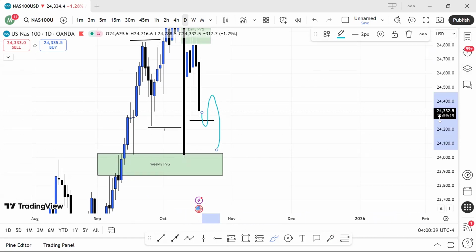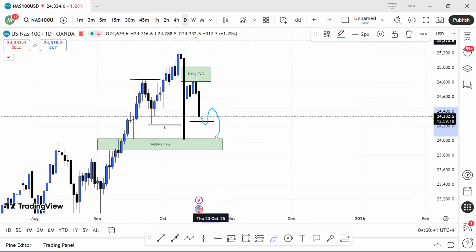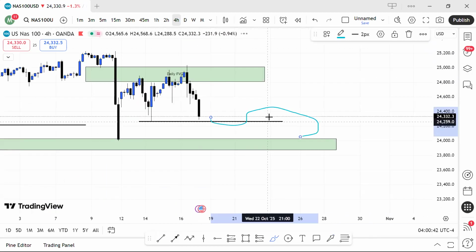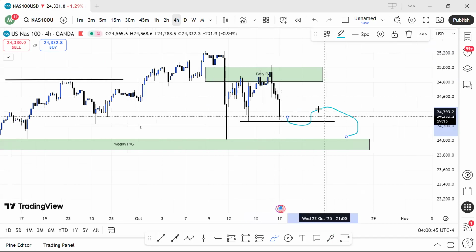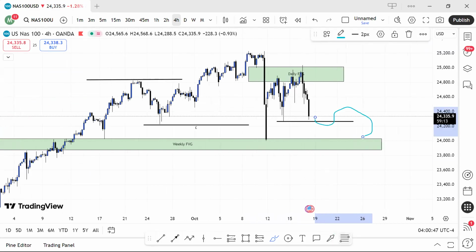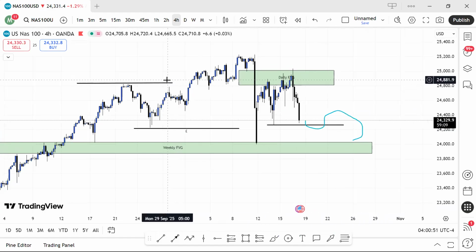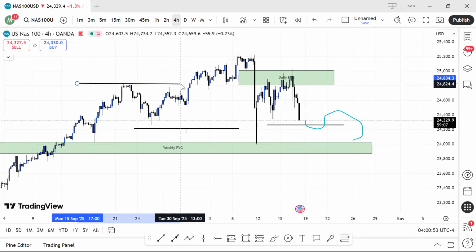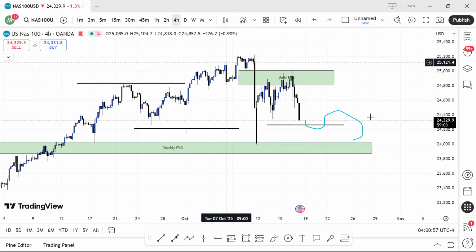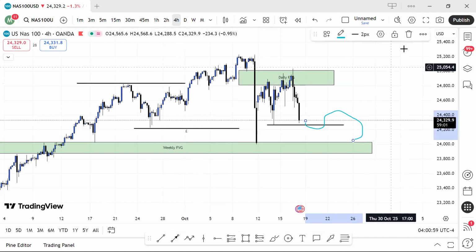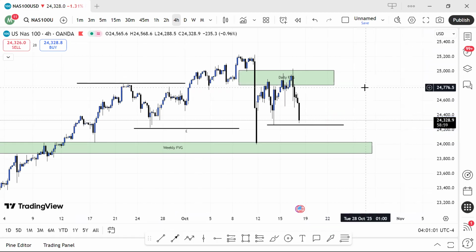So if you take out these lows, then we're gonna see some other kind of pullback and then continuation to the downside. So when you go on the H4 time frame, for me to buy NASDAQ, I need to wait for a quality point of interest to long from. Typically, I'm waiting to see some higher time frame bullish fair value gaps to long from.